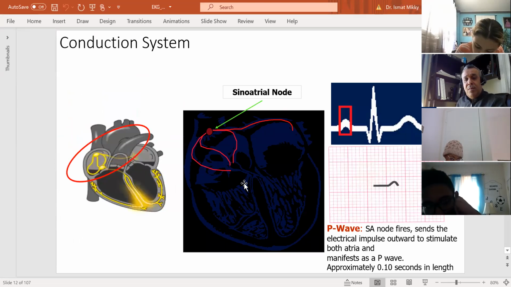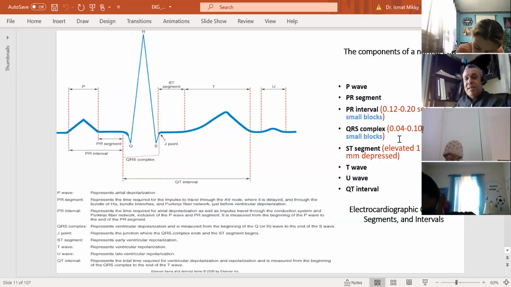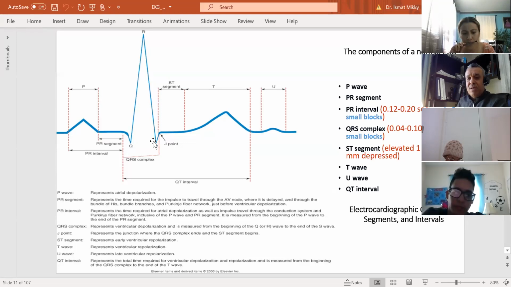And then the other complex, the QRS complex, the width right here as you measure it on the EKG strip, should not be narrower than 0.04, which means 1 small box, and not wider than 0.12. You can go up to 3.